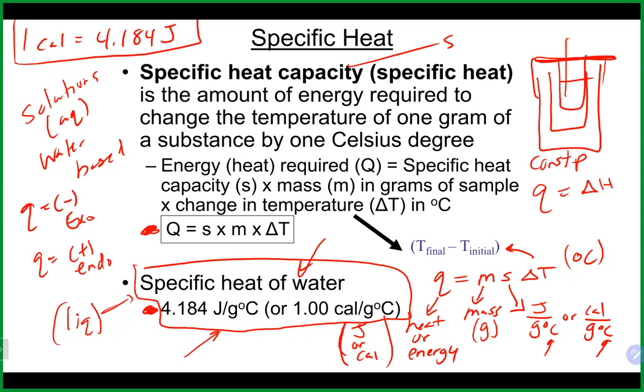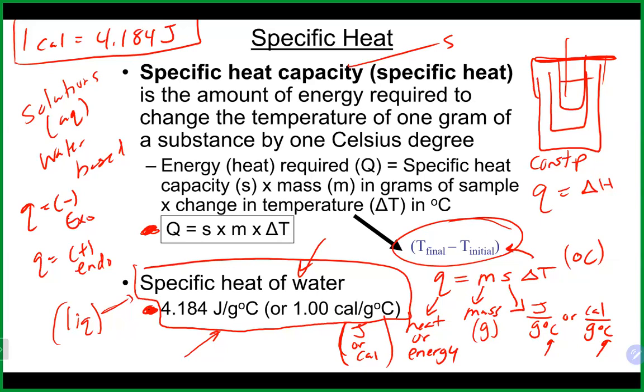So the most important thing here is what we talked about last time. It is actually the change in temperature, which is going to allow you to either end up with a negative value for Q or a positive value for Q. And that is why you always want to do final minus initial, because again, if something is releasing energy, its final temperature will be lower than its initial temperature.